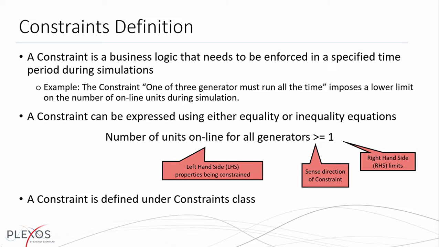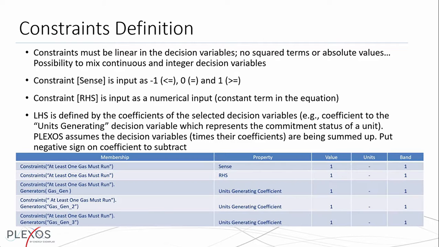The left-hand side and right-hand side are related by what is known as sense, and this can either be an inequality or an equality. An important point to note is that two decision variables cannot be multiplied together, or in other words, the equation must be linear in decision variables.